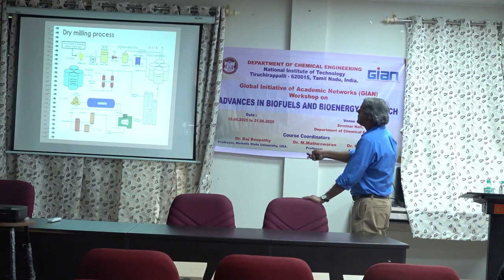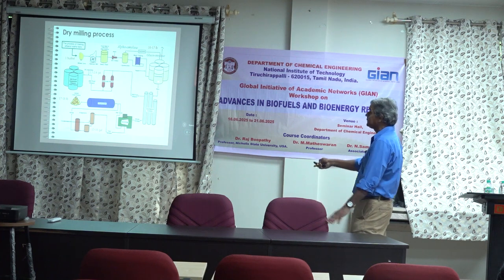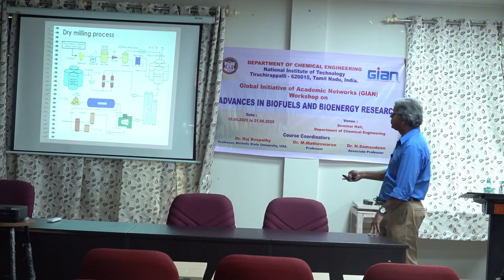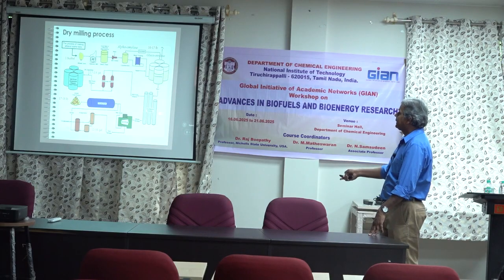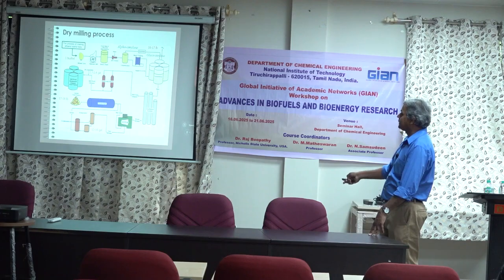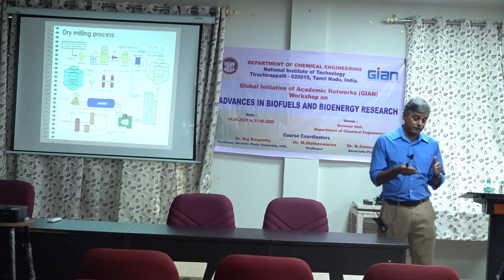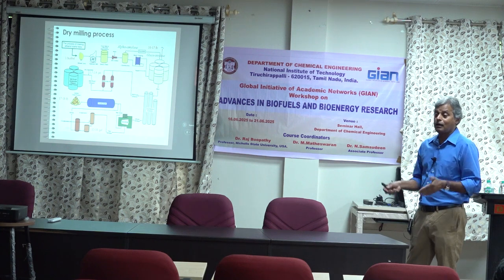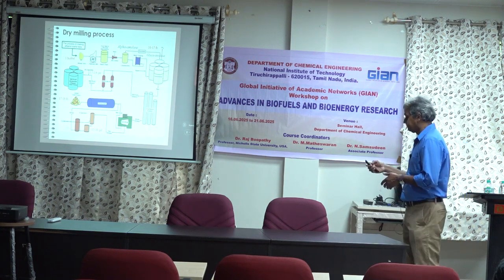You add the enzymes alpha amylase and glucoamylase that break down the starch into sugar, it goes to the fermentation tank, and then you make your alcohol, it goes to distillation, and you make your ethanol, and then you have the waste product that comes out. That could be used for your DDGS product for your animal feed. Okay, so there are only 2 products out of this dry mill process, which is a smaller unit. Multiple products are not made here.